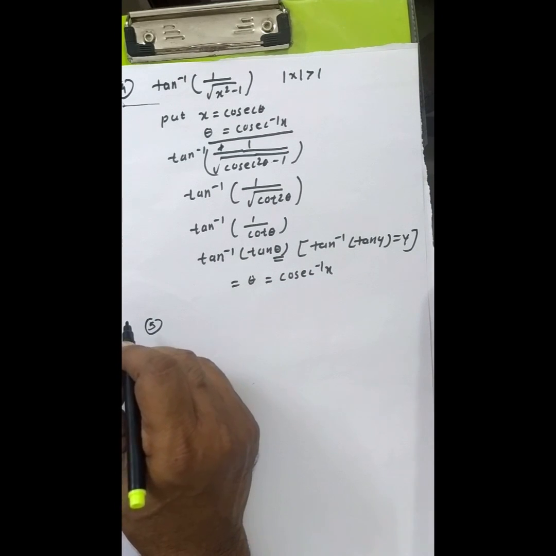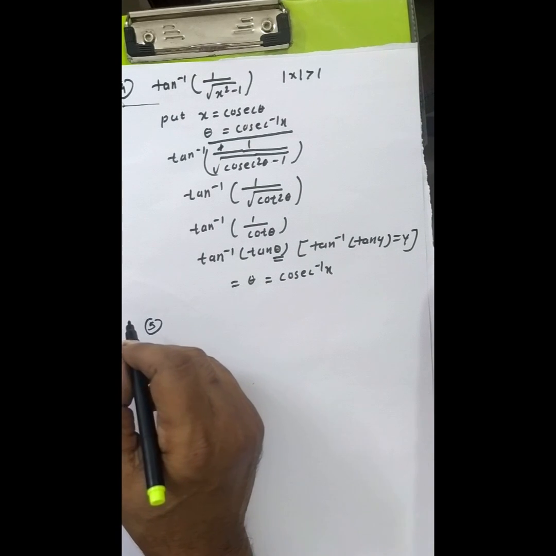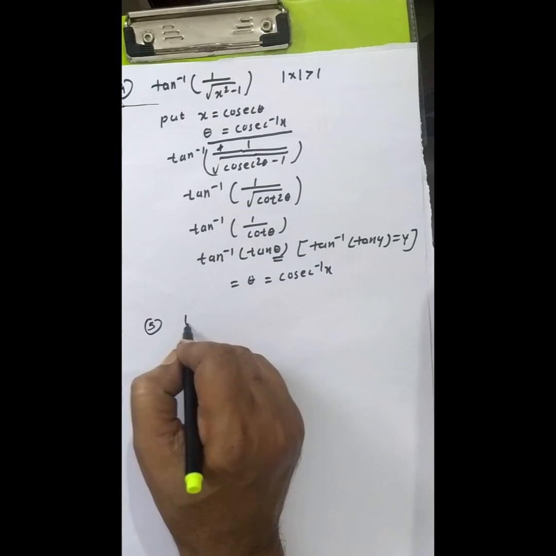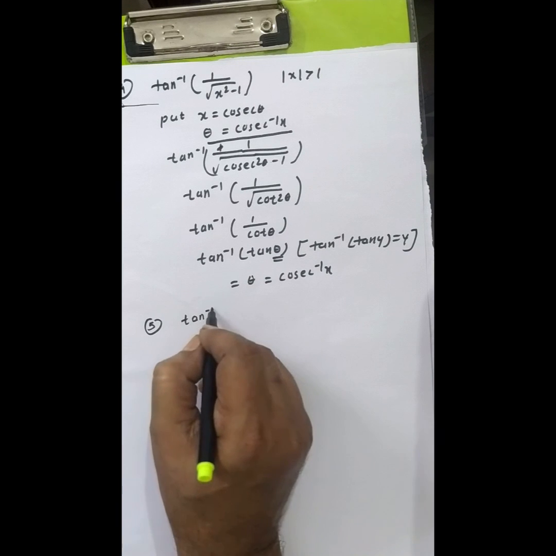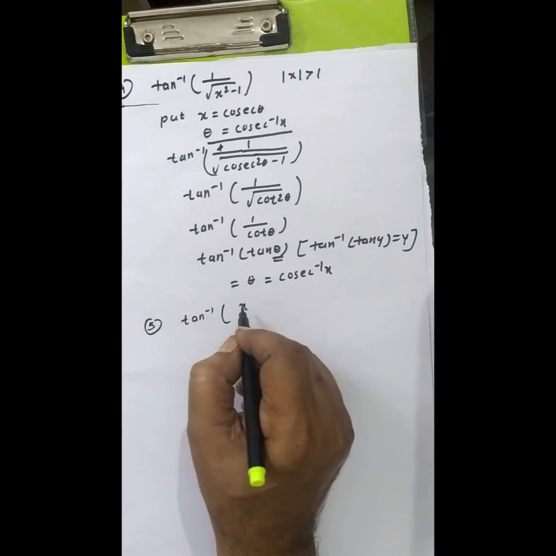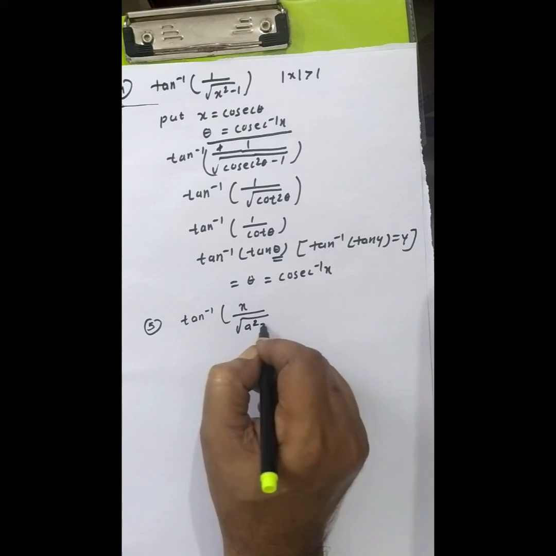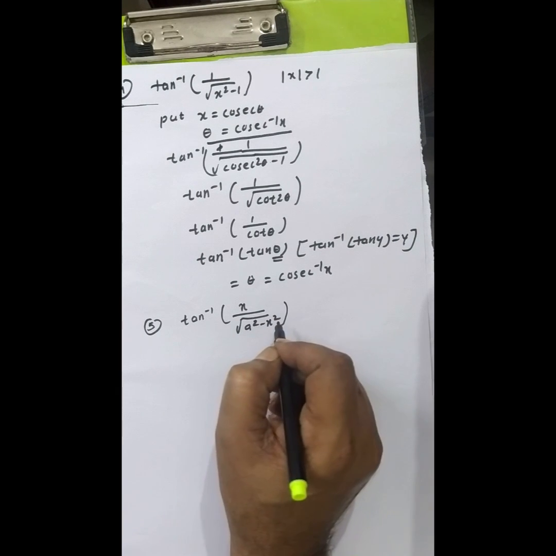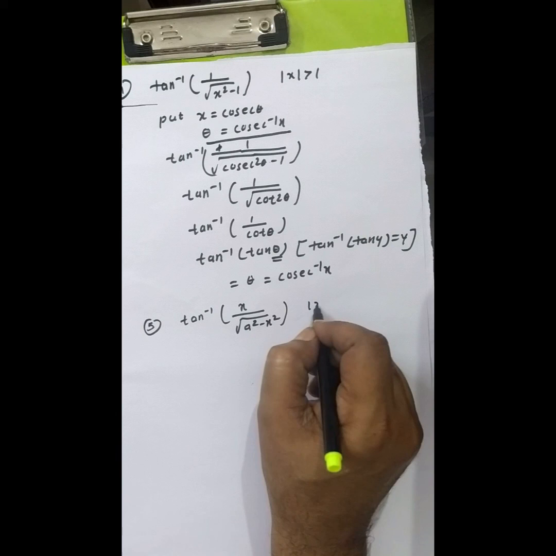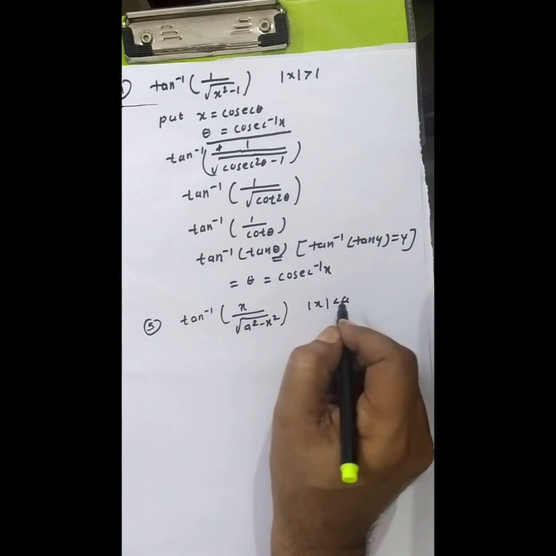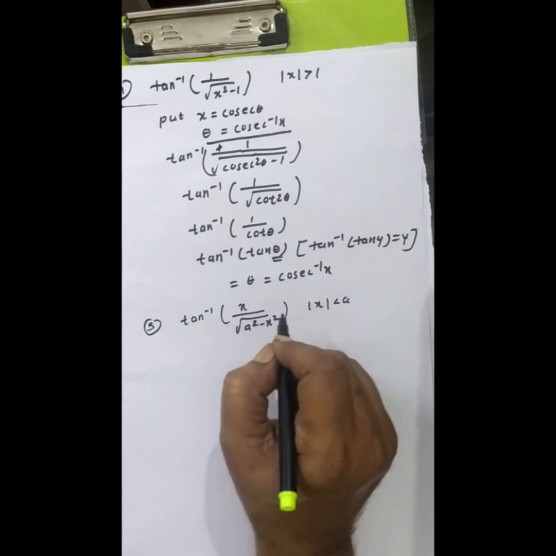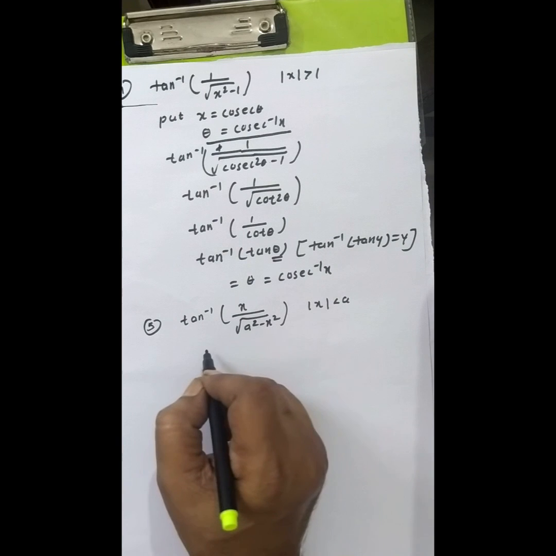Tan inverse of x divided by root of a square minus x square, where mod of x is less than a. Here we can go for substitution.